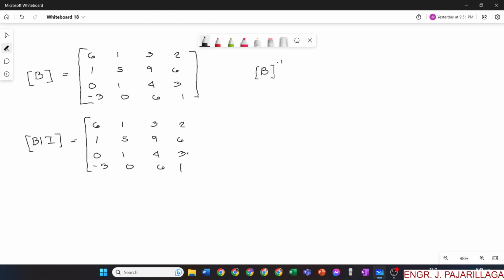So, ang una natin gagawin is to augment an identity matrix on this one: 1, 0, 0, 0, 0, 1, 0, 0, 0, 0, 1, 0, 0, 0, 0, 1.